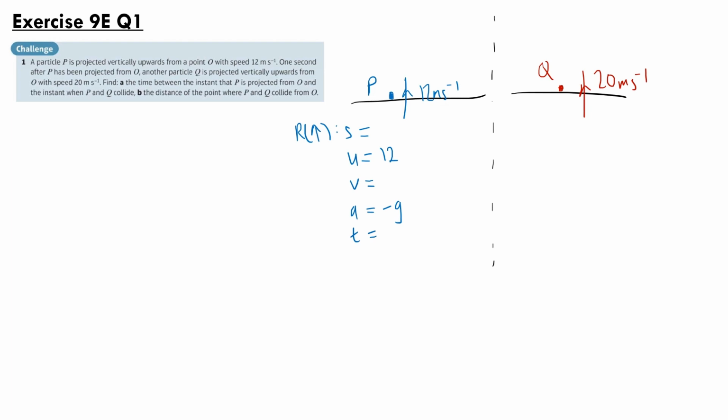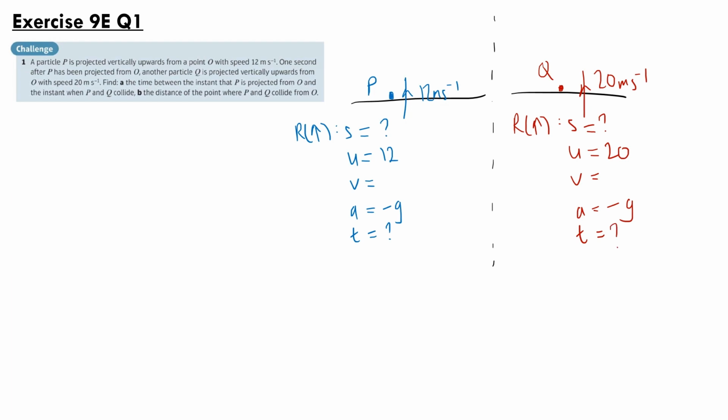And we're interested in the displacement of P from the point O, and also the time it takes. And if we do the same for Q, resolving upwards again, s, u, v, a, and t. So u here is 20, and the acceleration is minus g again. And we're trying to look at distances and time.